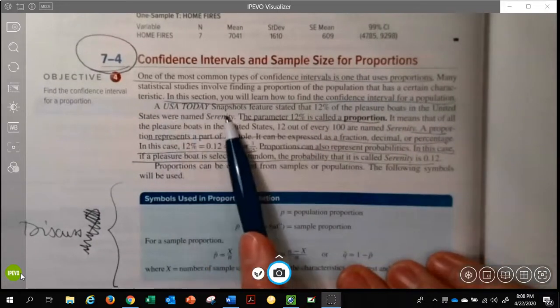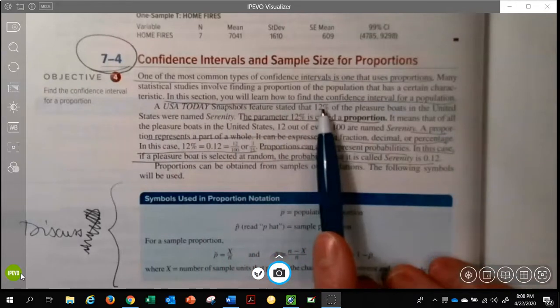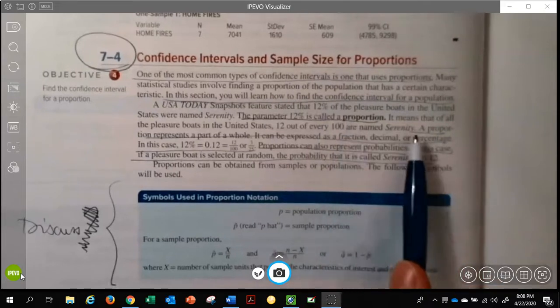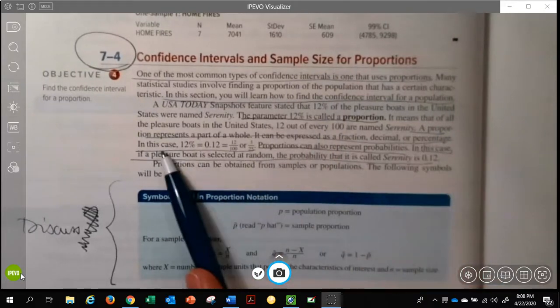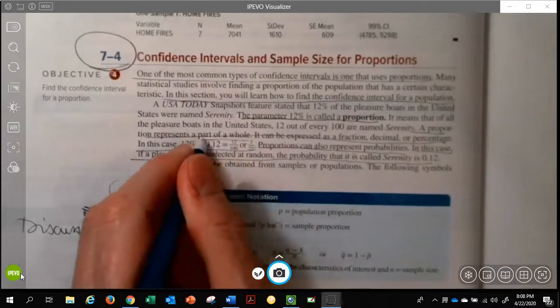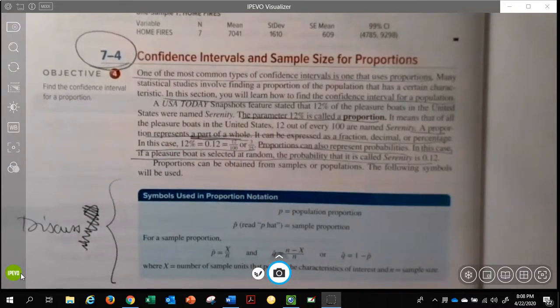And so it mentions USA Today and says there's a parameter 12%, and that in that article, that's what we're calling a proportion. A proportion represents a part of a whole. I would underline, highlight, sticky note, do lots of stuff, that a proportion's just a part of a whole. Oh wait, it's just a fraction. Oh, that's all we're talking about.